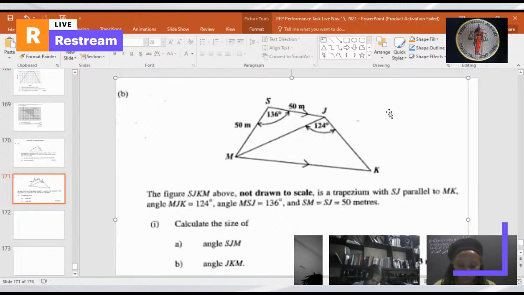All right, so how are we going to find MJ? We're not going to use the trig ratios because those apply to right angle triangles, and none of these is a right angle triangle. So what are we going to do?